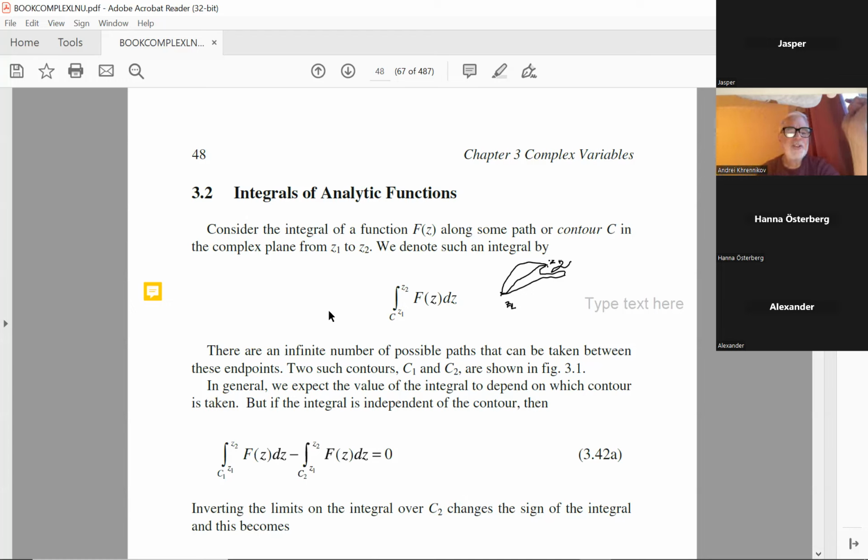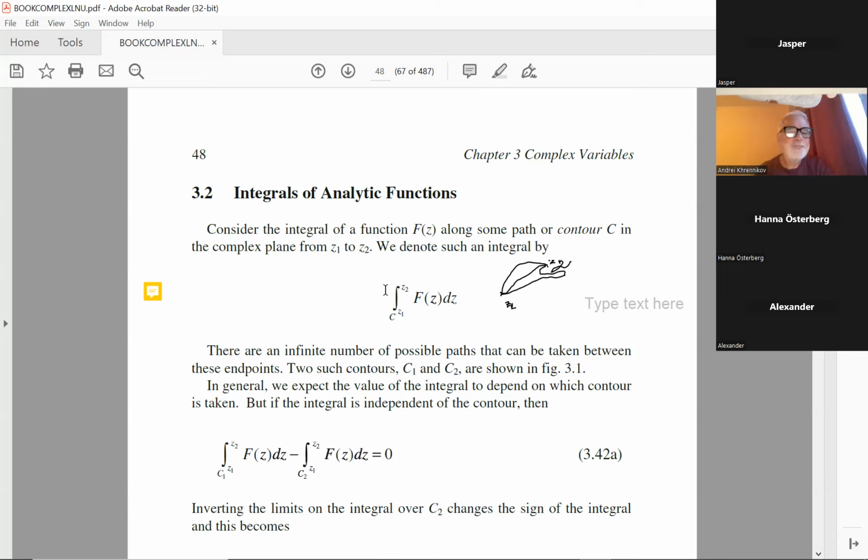But the geometric picture is very important when we start integration with respect to curves, to contours. Typically, a contour is a closed curve. But okay, in this book, path. I would maybe use the better word path and reserve contour for a closed path.